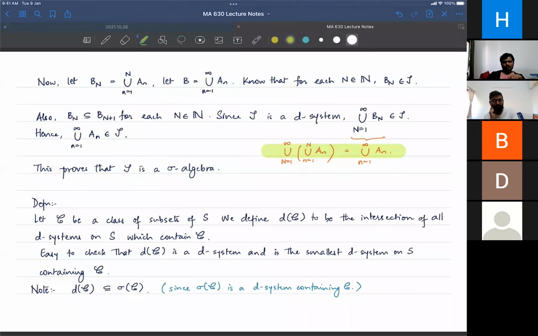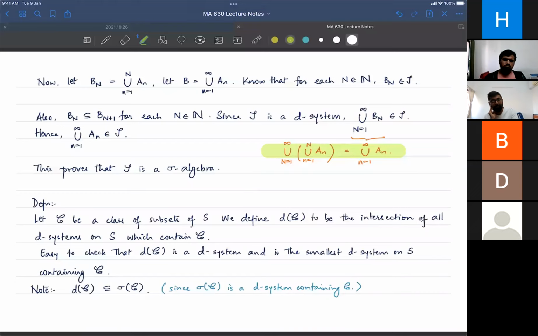If I take the first 10 B's together, do you agree that I get the first 10 A's? And if I put all the B's together, do you agree that you get all the A's put together? And do you agree that the B's are one sitting inside the other? So that's how we got around it. I think that was your question, right?